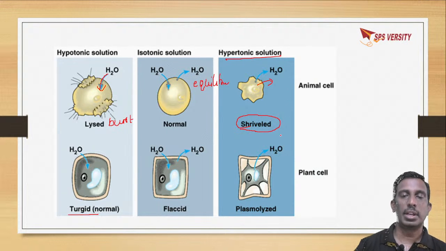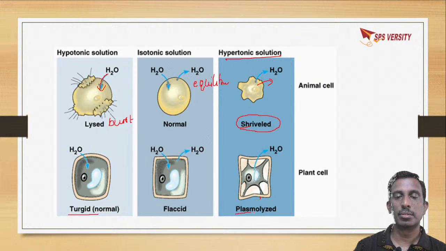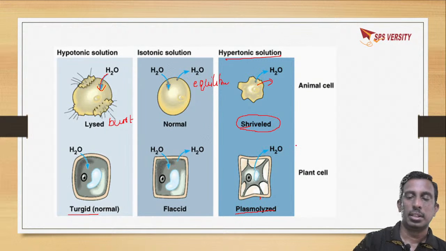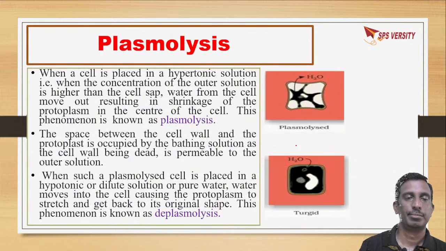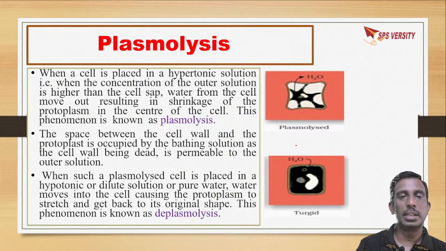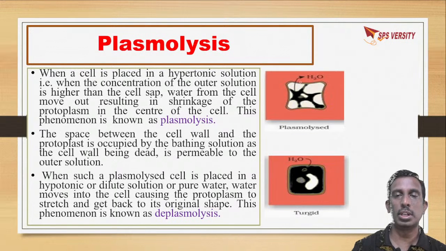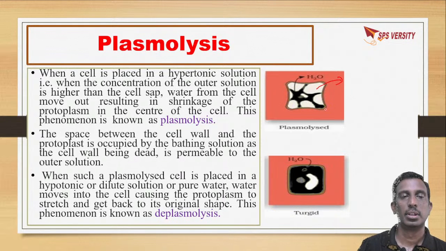Whereas in plants, it is called plasmolysed, where the cytoplasm shrinks. So here you can see, when a cell is placed in hypertonic solution, water is lost from the cell, where protoplasm shrinkage takes place.